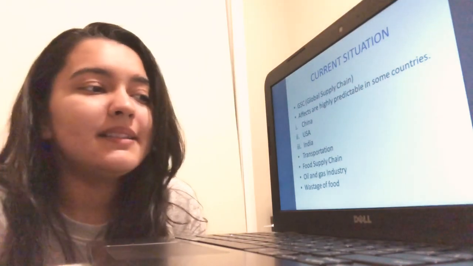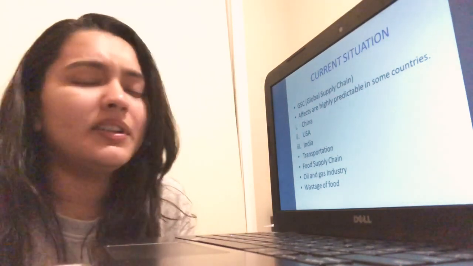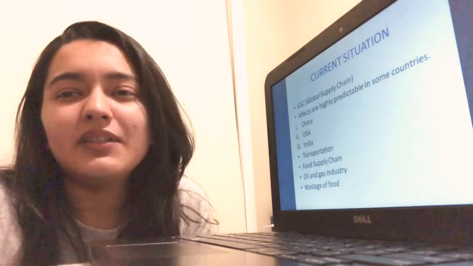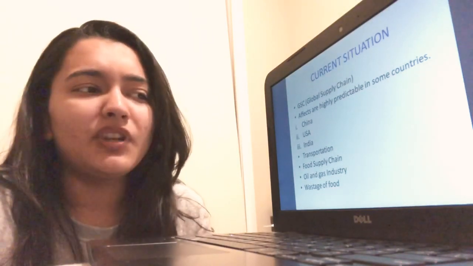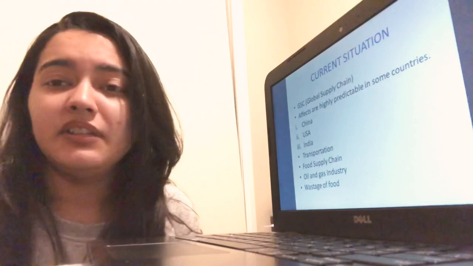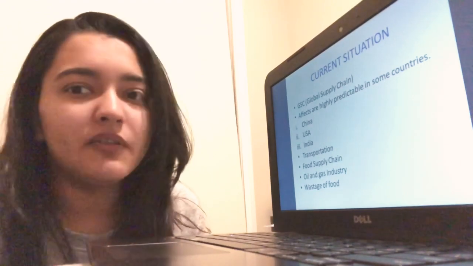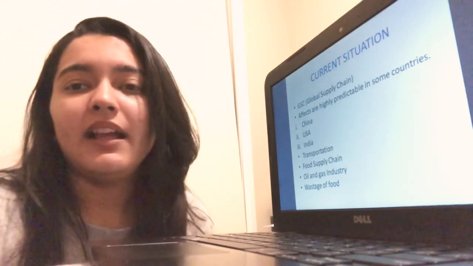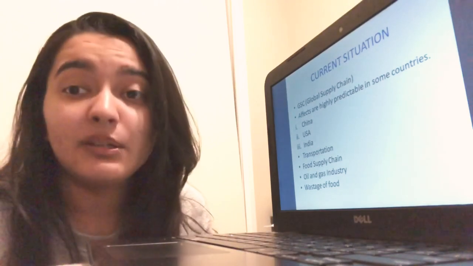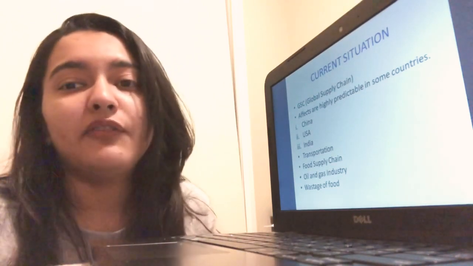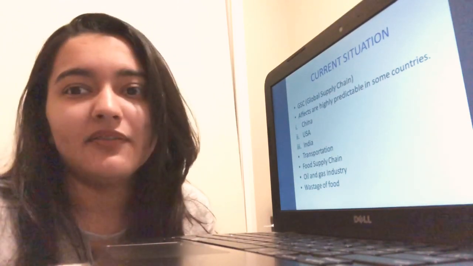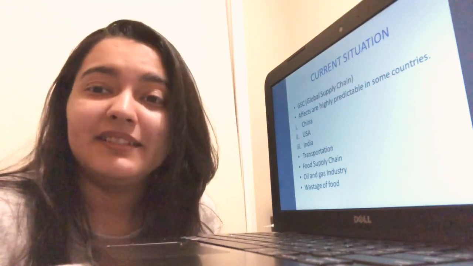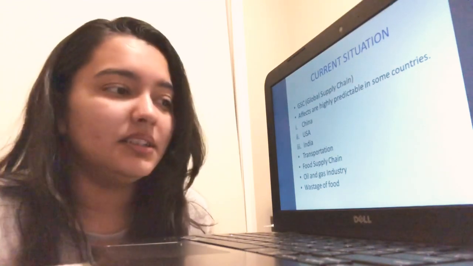Coming to the US, for instance, there is a recent case where a pork delivering company named Smithfield in the US found that 600 employees of that company tested positive for COVID-19.